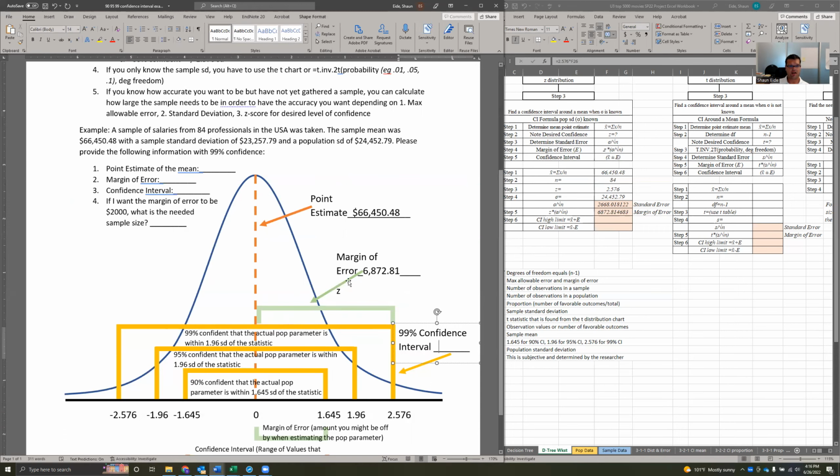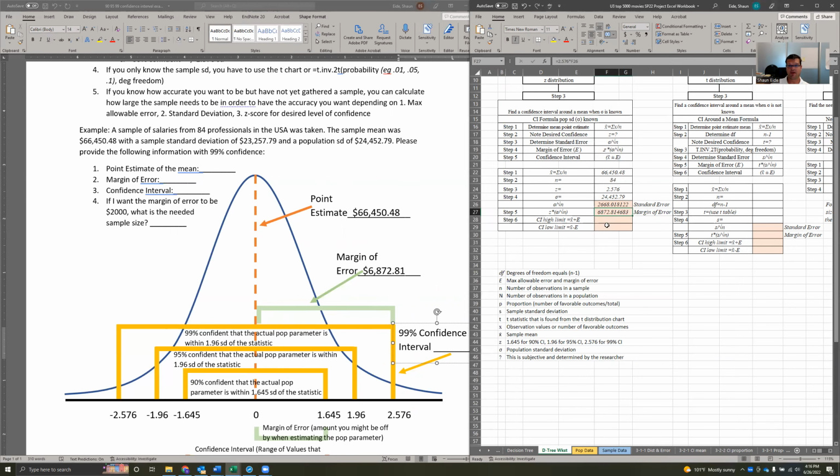And so this margin of error says I might be off in my estimation. I am 99% confident that the actual population mean is 66,450 plus or minus 6,872. Okay, and if I want my 99% confidence interval, let's do the upper value.